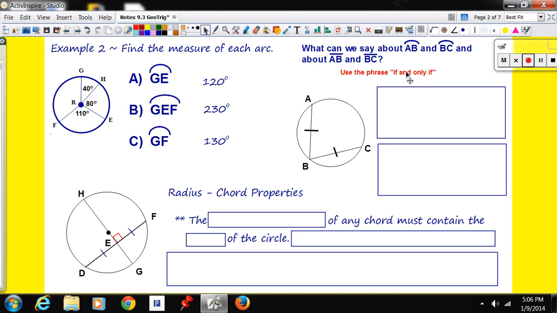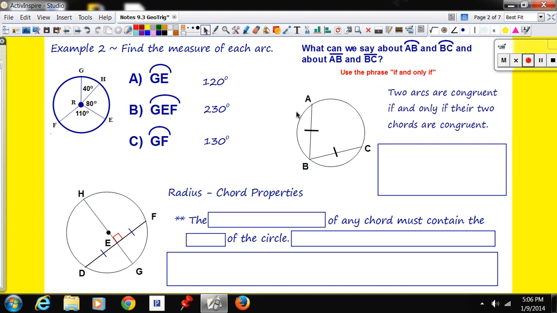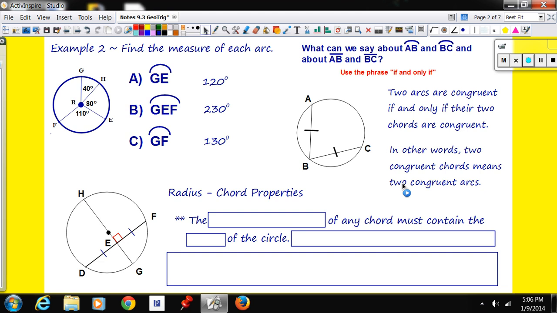So use the phrase if and only if, you'd want to put something like this: 2 arcs are congruent if and only if their chords are congruent. So if 2 chords are congruent, then 2 arcs have to also be congruent. That's another way to say it. 2 congruent chords means you've got 2 congruent arcs.